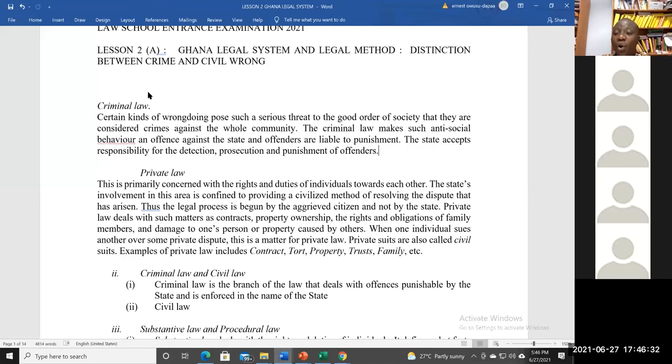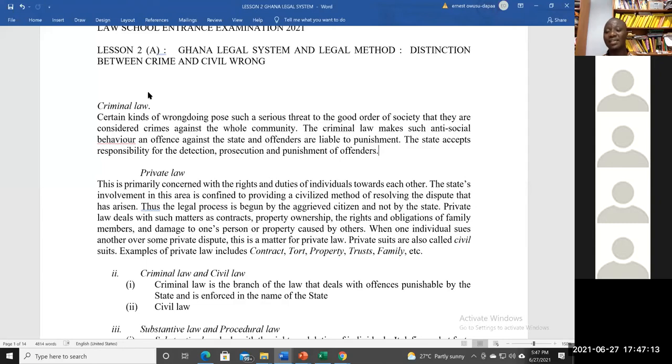Then we also have our own very familiar common law tradition, which developed with the development of modern day England following the Norman conquest in 1066 AD, that is the 11th century. It is marked mainly by the fact that the law is scattered through judicial decisions, or what you call judge-made law, and judges have more role to play in shaping the law than their counterparts in the civil law tradition.